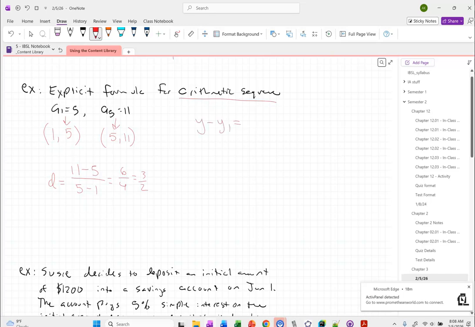Now if I have a slope, I can use the point slope equation for a line. Now in the language of sequences, y is a sub n and x is n.